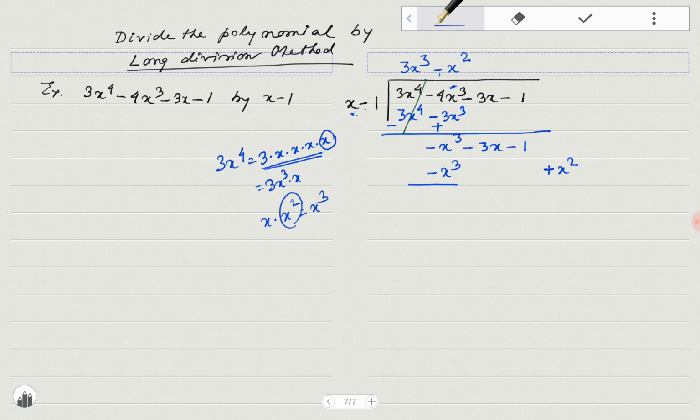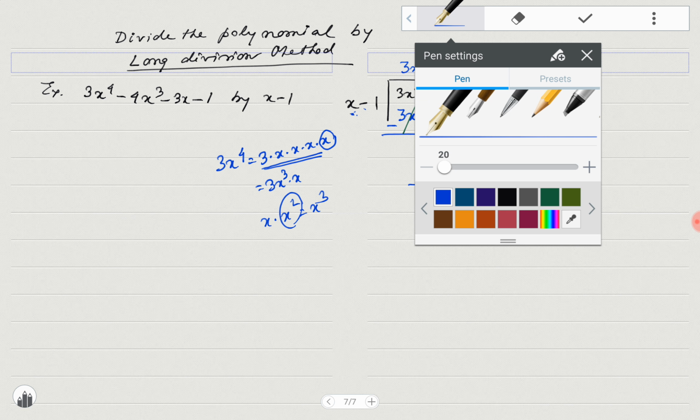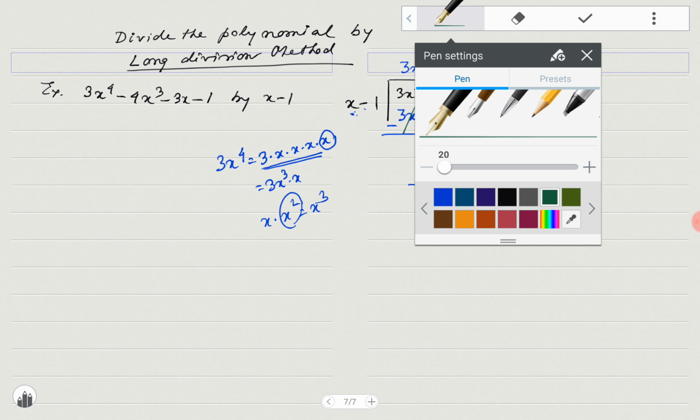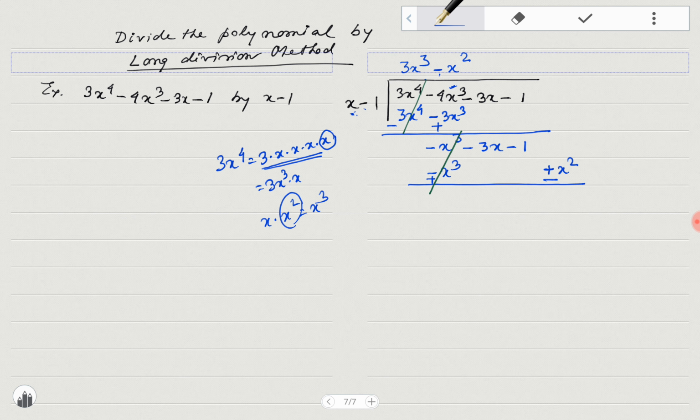Now do the addition and subtraction. Put plus, put minus here. This cancels out. And now the term remaining is minus thrice x minus 1 minus x square. Yes or no?